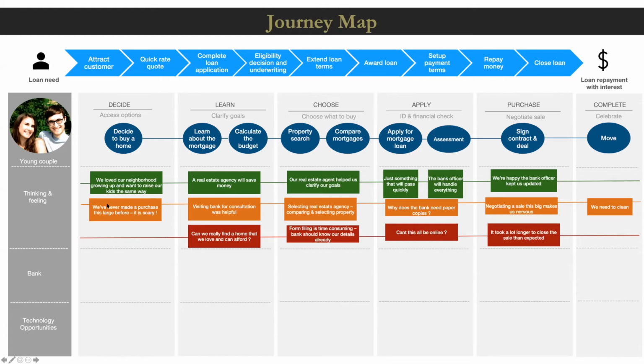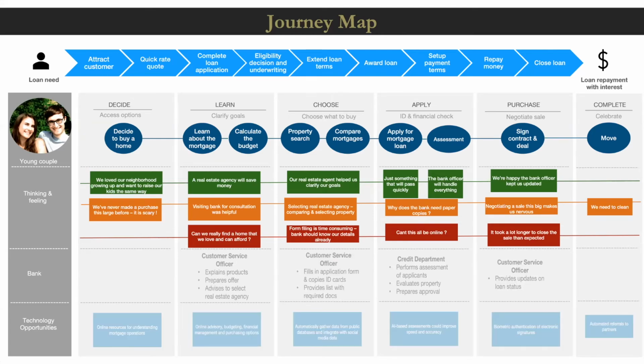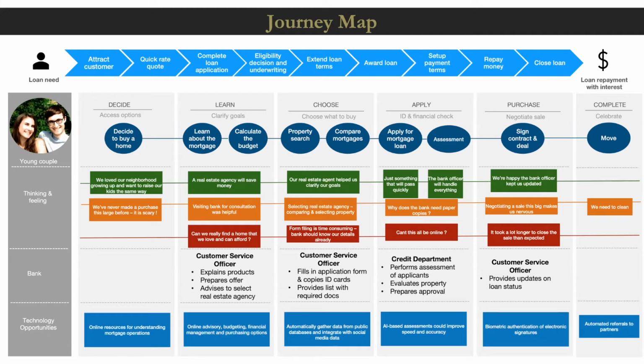So if you go through the journey and are able to identify the thinking and feeling part at each individual stage, as a bank, you now have the opportunity to create products and services that can satisfy the real customer needs. You can also define technology opportunities at each stage that can be very beneficial for your customer.